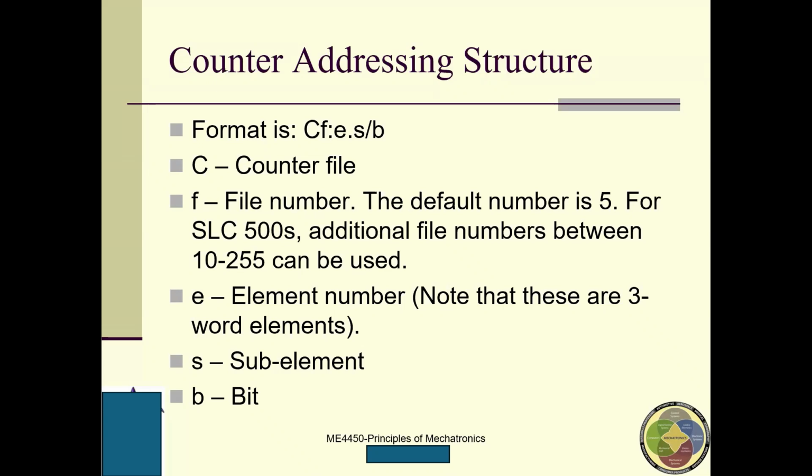We have 3 word elements, and S is a sub element, B is a bit. And you can see for the counter, you can visit the bits, not just one bit, multiple bits. And you can visit the 2 words, preset value and ACC value. So this is the T4 and C5, and keep this in mind.